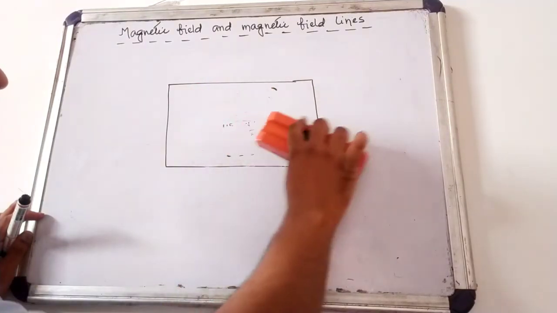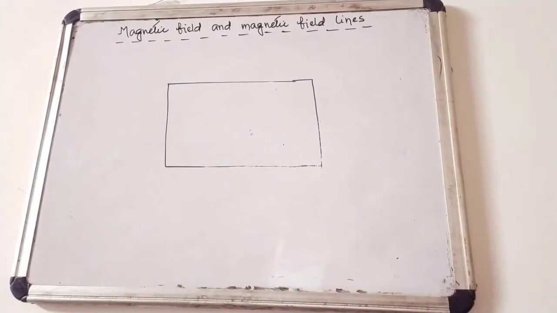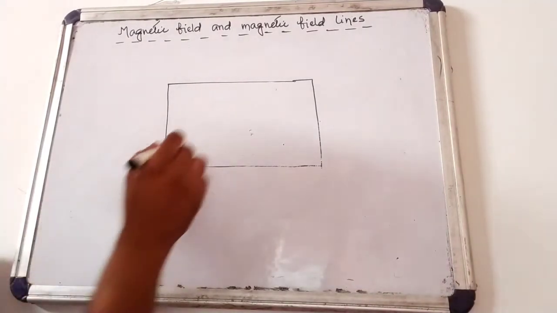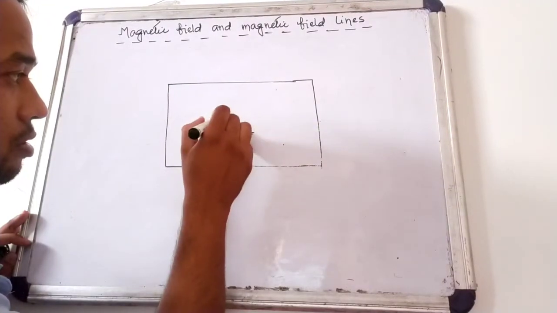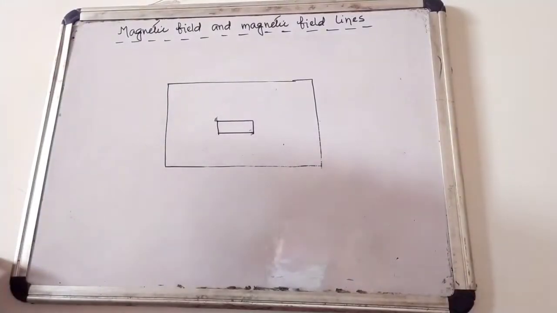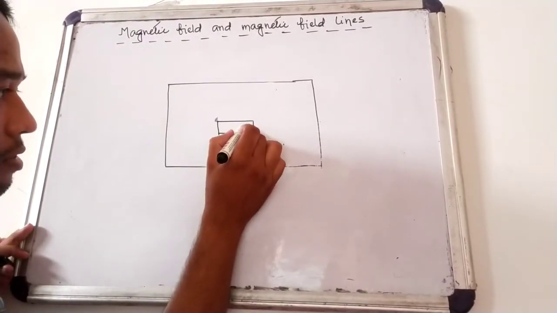These iron filings will arrange themselves in a special manner. So how will they arrange themselves?